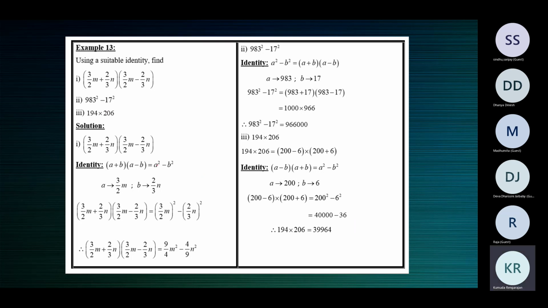So here you can see the first one. First write the identity. A plus b into a minus b is a square minus b square. That is, if the question is of this form, then this is the answer.